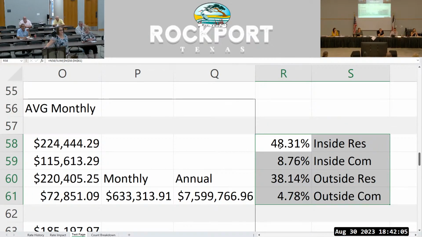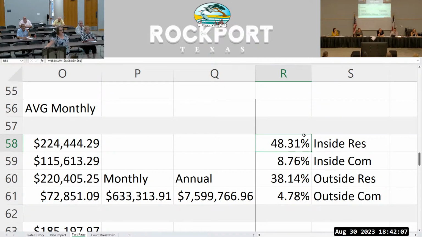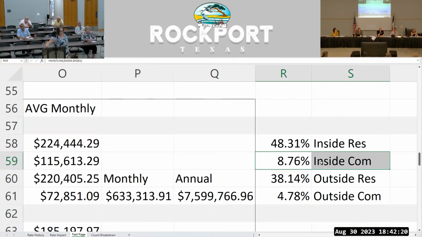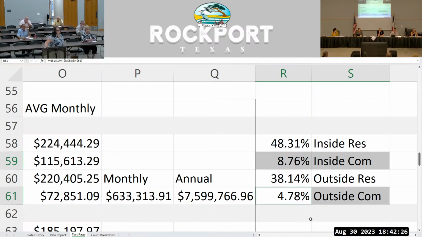Right, so the answer to her question is that, you're not going to like it, but theoretically the commercial cannot offset a decrease in residential, because you would have to take too big of an increase, what I would say was probably an untenable increase in commercial, just because of our ratio.